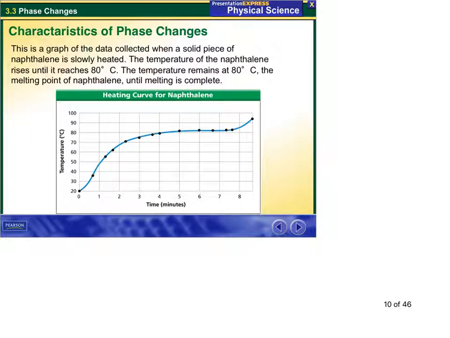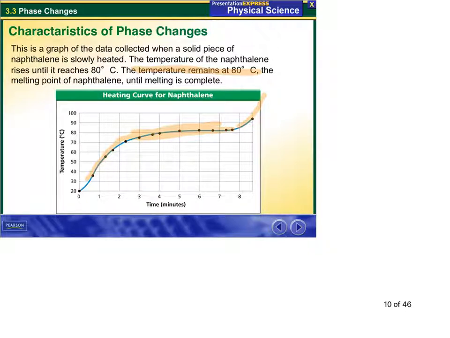So a heating curve: if we take naphthalene and we start heating it up, its temperature's rising, and it gets up here and it just flattens out. And then it starts to rise. This is its melting point of 80 degrees Celsius.